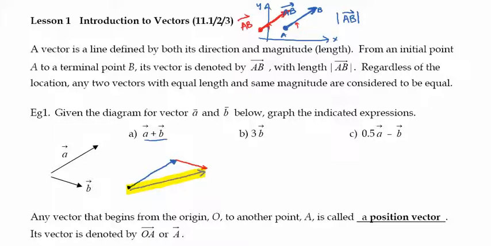Now some of you may wonder, what happens if I reverse the order of the two terms? Let's say, instead of having the blue line first, let me start with the red line here. Let me put these two vectors back into my picture. So what happens if I have B plus A?